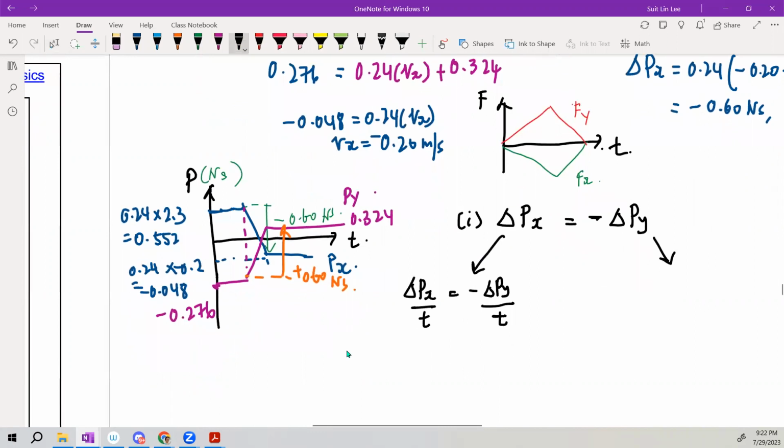So the t that we're talking about is the time it takes to decrease or to increase, this time interval at the highlighted part on the t-axis, the same time. But the change in momentum over time, from Newton's second law, is the force. So the force on x is equal to negative force on y. That's why this is Newton's third law, the force pair.